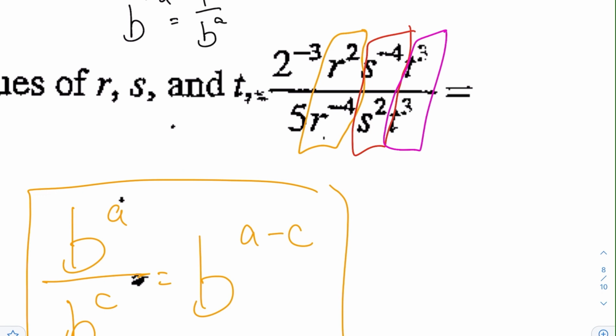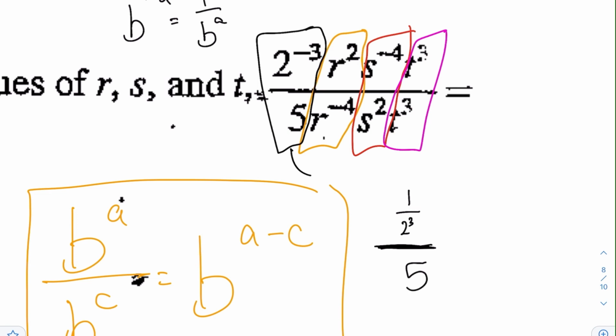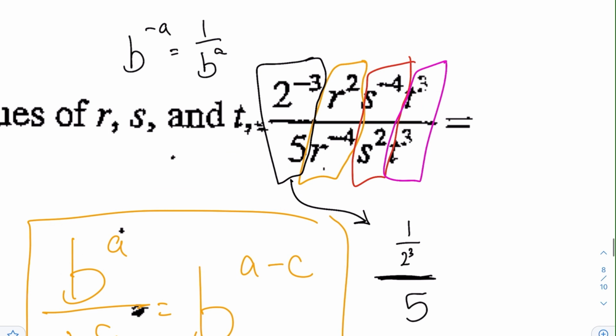So 2 raised to the -3rd is really 1 over 2 cubed, and you're dividing that by 5. So that's the constant part here. For the r's, r squared divided by r to the -4 will give you r to the 2 minus -4, which will be r to the 6th power.